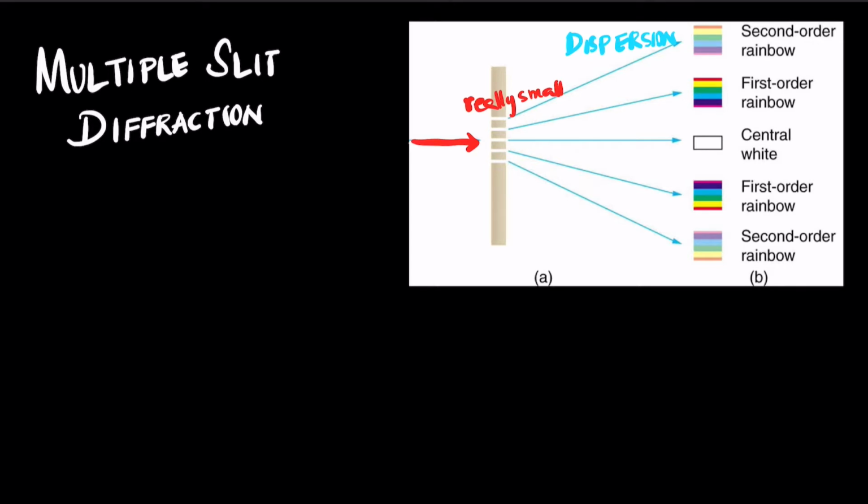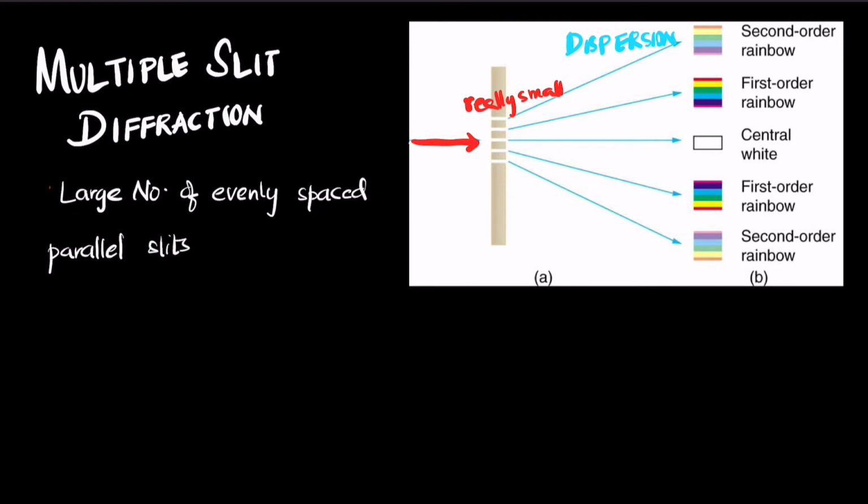So this process, where you pass light through a device containing a large number of evenly spaced parallel slits, is called a diffraction grating.